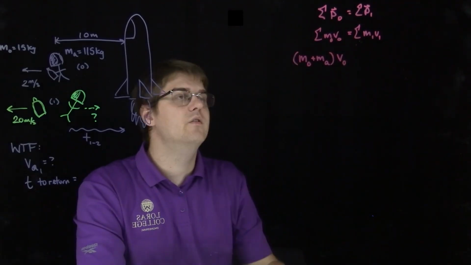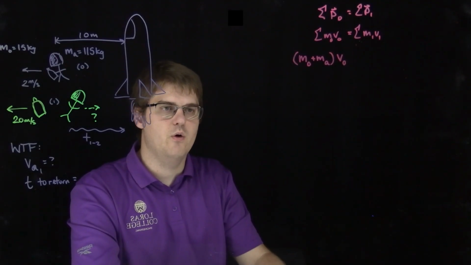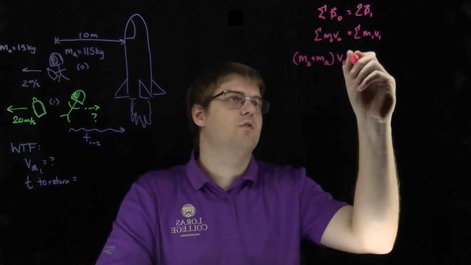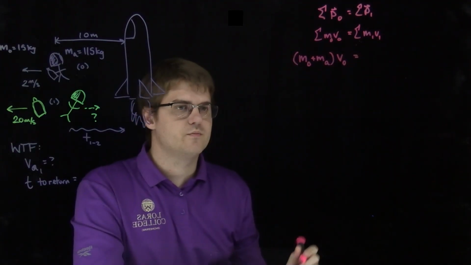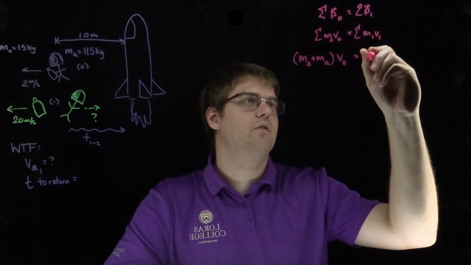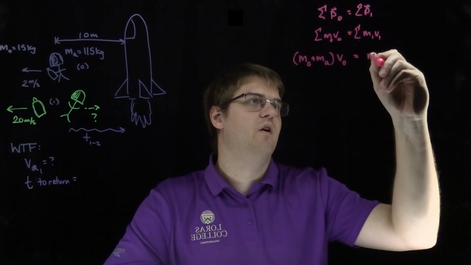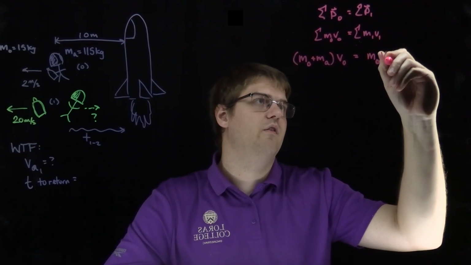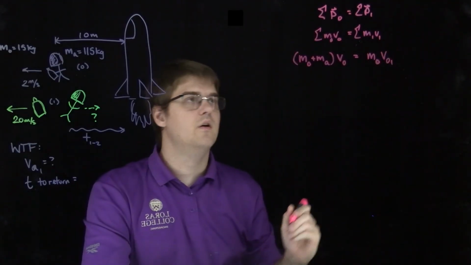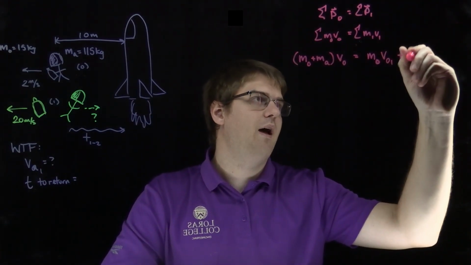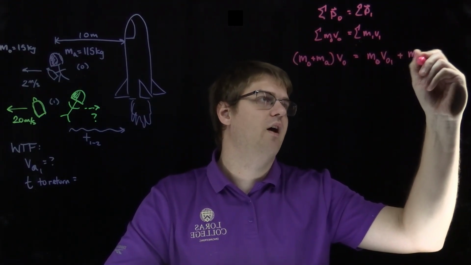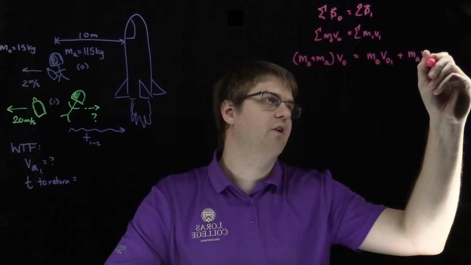Try to make it a little bit more 0-like, a little bit less round than the O. And that is going to become the mass of my oxygen and the velocity of the oxygen at time 1 plus the mass of my astronaut times the velocity of my astronaut at time 1.